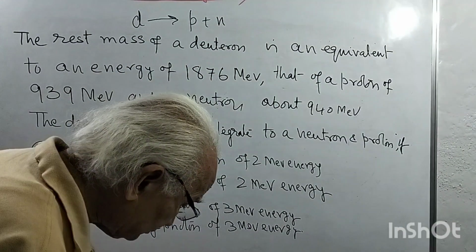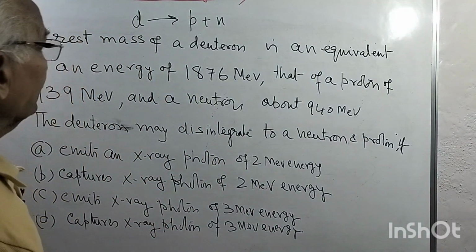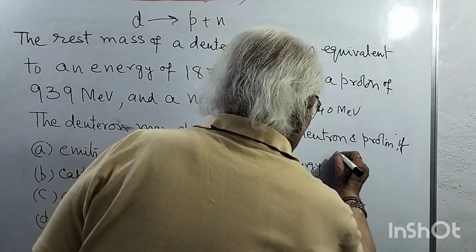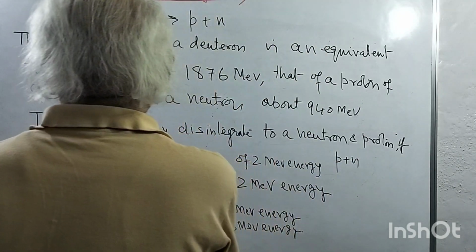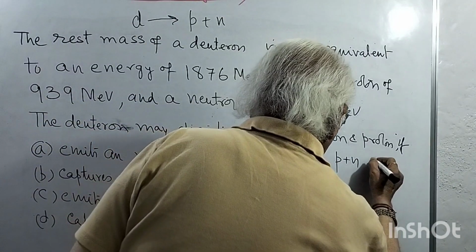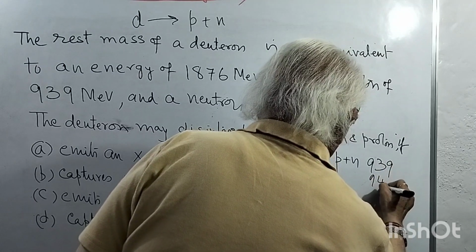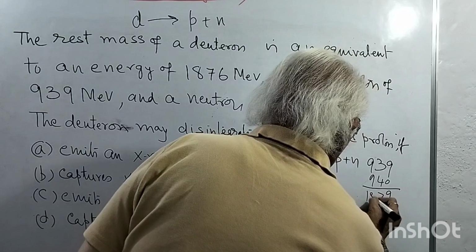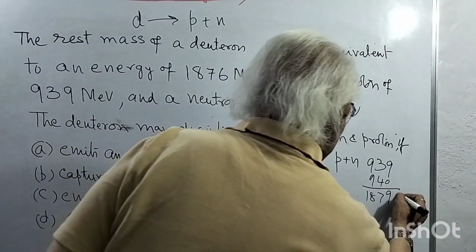And then see what the difference is here. Proton and neutron, P plus N. You have to add this: 940, 939. It is 1879 MeV.